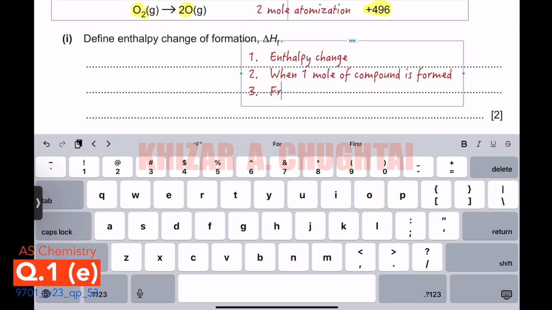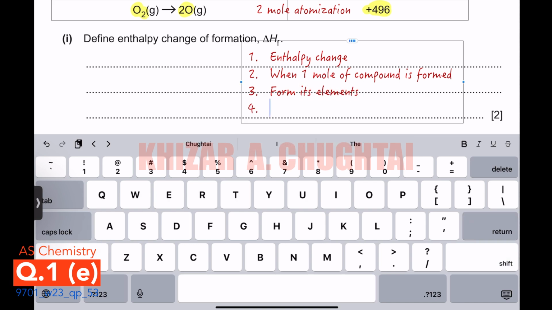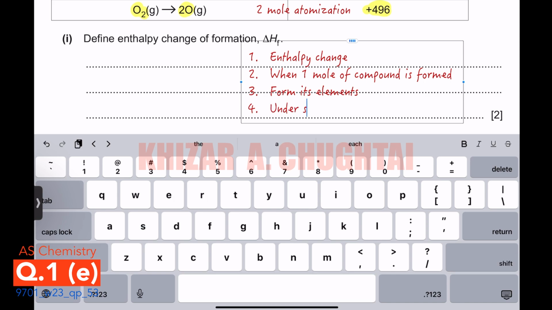Number 3, from its elements. Number 4, under standard conditions.